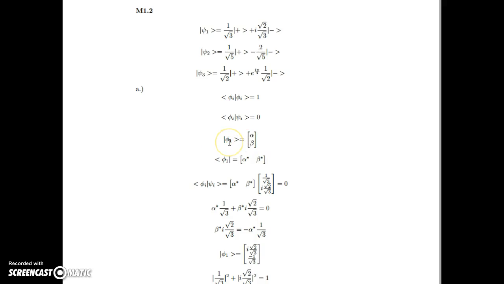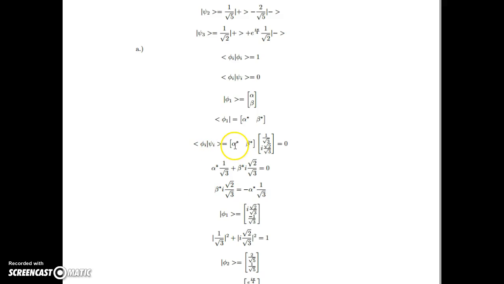So first you start by setting phi 1 to alpha and beta. And then we can change it to bra phi by moving it to this type of matrix, and now it's alpha, the complex conjugate, and then beta, the complex conjugate. And so now when you multiply them, you get this.